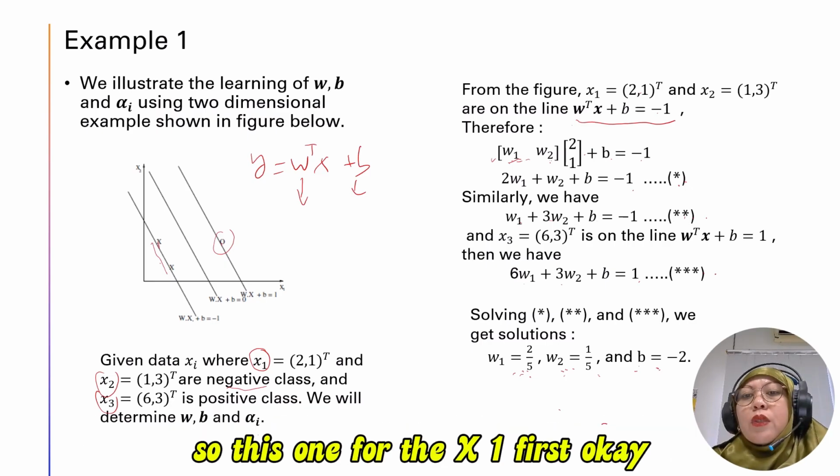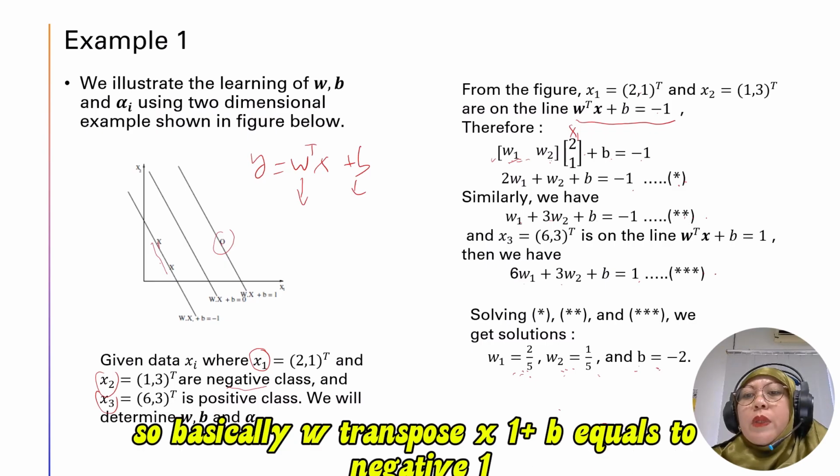This one is for x1 first. Basically, W transpose x1 plus B equals -1.